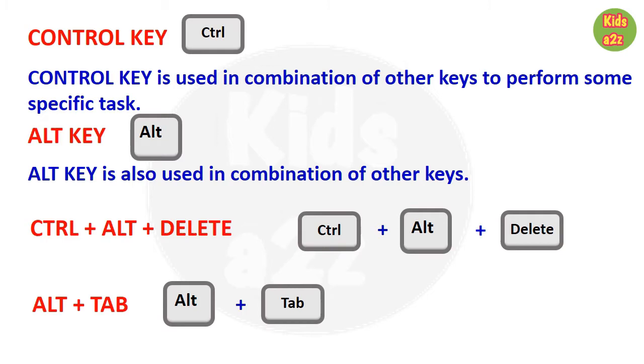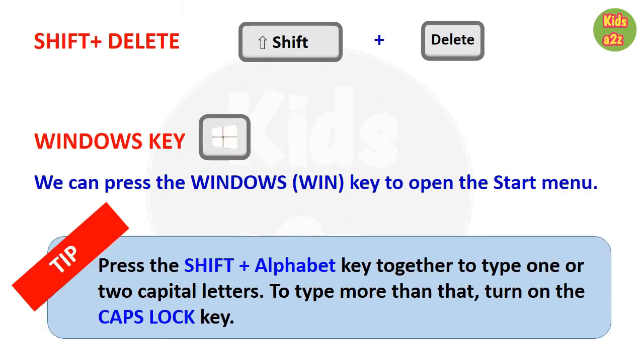By pressing Alt and Tab keys together, we can change between windows that are open on the desktop. We can delete a selected icon permanently from the computer by pressing Shift and Delete keys together. We will learn where to use these key combinations in higher classes.